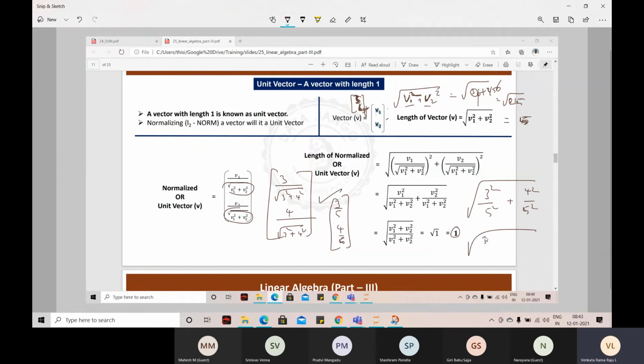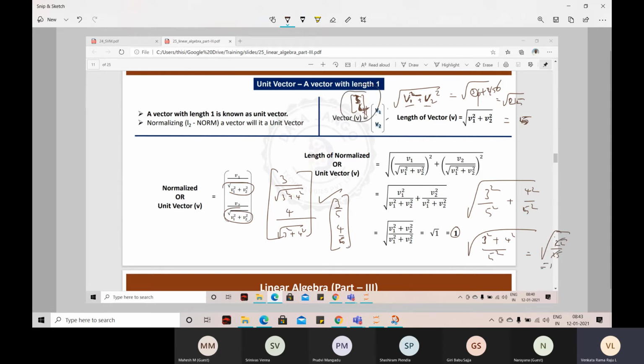It's going to be 3 square plus 4 square divided by 5 square, right? It's going to be 25 in the numerator, divided by 25. You got 1, right?